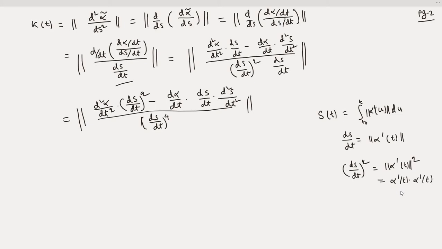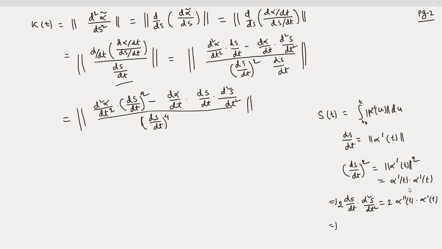And if you take the derivative, d/dt of (ds/dt) squared, we have 2 times ds/dt times d2s/dt2 by the chain rule. This is equal to 2 times alpha double prime of t dot product with alpha prime of t, and 2 will be cancelled from both sides.